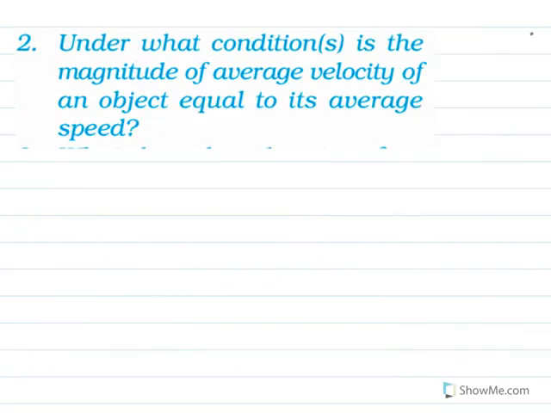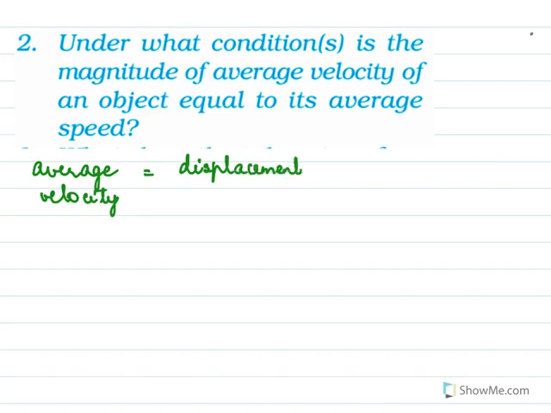Under what condition is the average velocity of an object equal to its average speed? Now let us write the definition of average velocity. So average velocity is displacement over time, and the average speed is equal to distance over time.